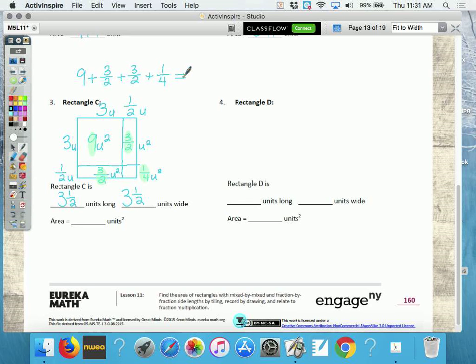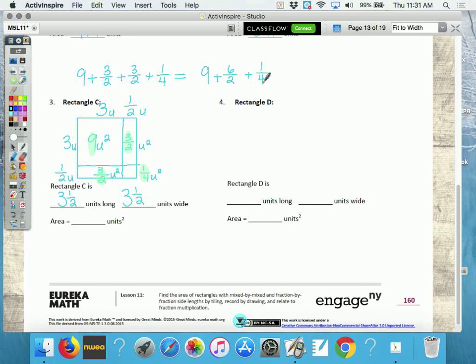Okay, so that gives me 9 plus 6 halves, right? Okay, so I'm just going to rewrite it out here. 9 plus 6 halves plus 1/4. Now, is there anything else I can do before I, huh? I could, but I don't think I'm going to have to.